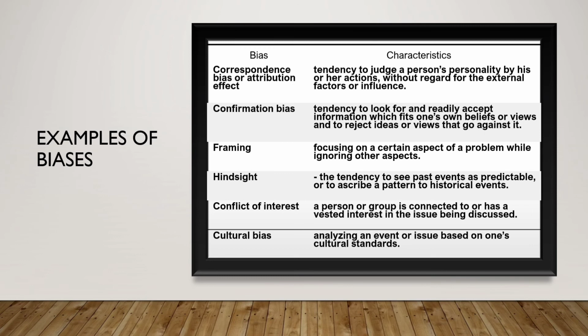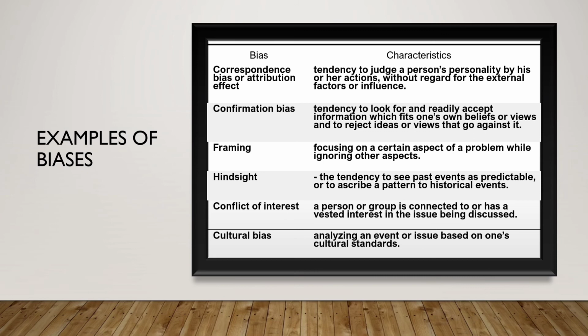Hindsight: the tendency to see past events as predictable or to ascribe a pattern to historical events. Pinapangunahan mo na, 'di ba? Another one is conflict of interest: a person or group is connected to or has a vested interest in the issue being discussed.